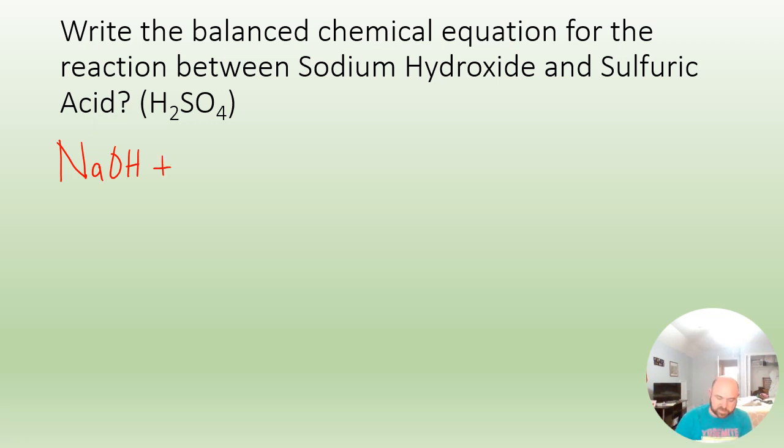NaOH plus H2SO4, as we are reacting them together, yields... We know from the previous discussion that the products of an acid-base neutralization are water plus a salt formed from the combination of the leftover ions rather than hydrogen and hydroxide.